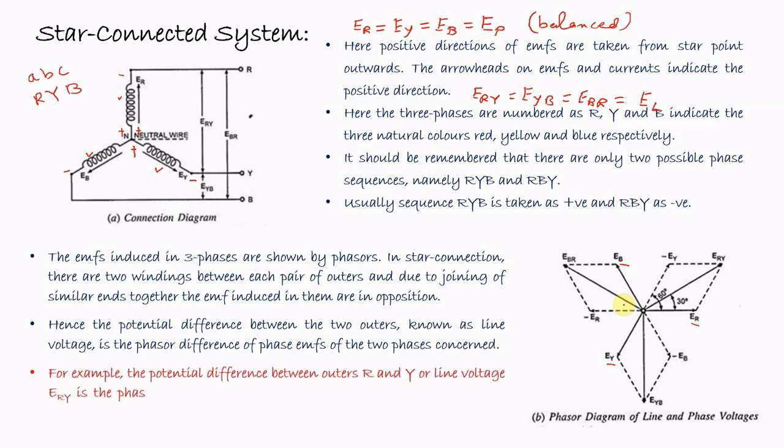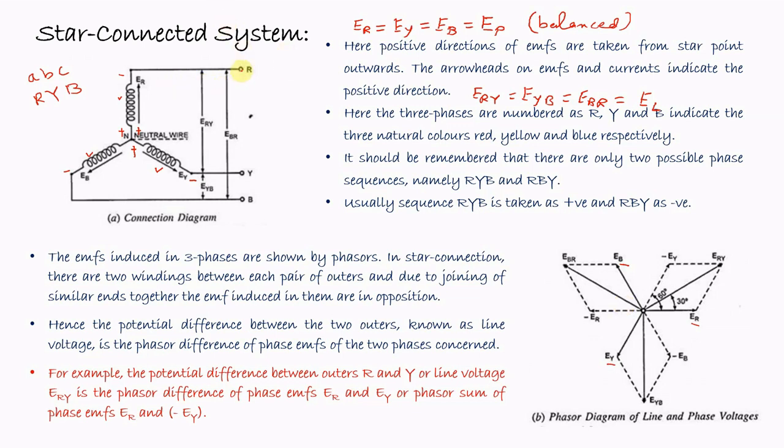For example, the potential difference between the outers R and Y, or the line voltage ERY, is the phasor difference of the phase EMFs ER and EY, or it is the phasor summation of the phase EMF ER and negative EY. We'll discuss it in detail.